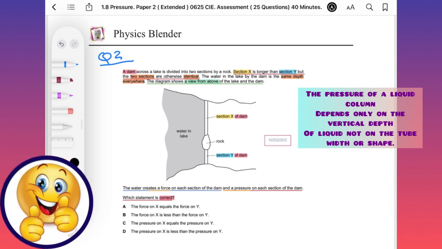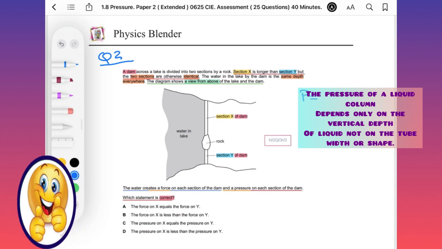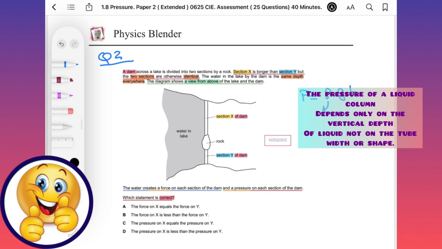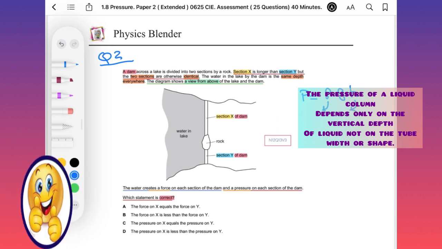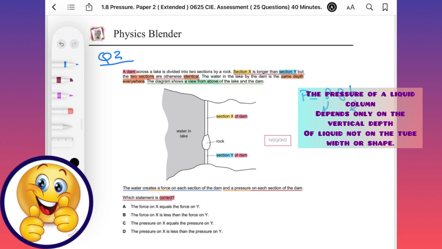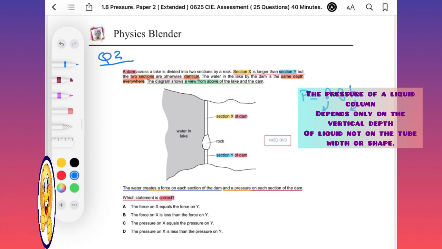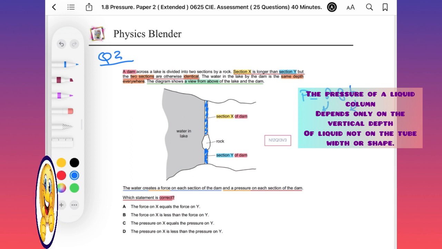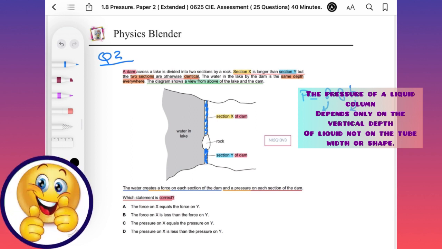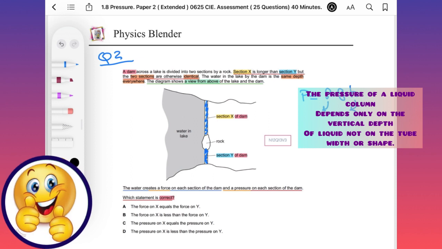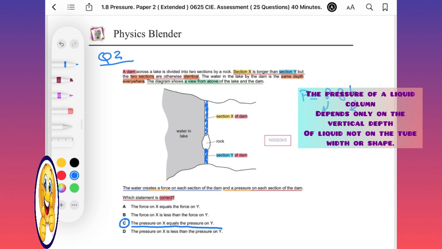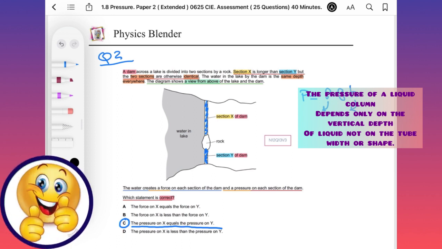The reference is pressure due to liquid equal to rho g h. Density of liquid is a factor. Depth of liquid is a factor. But the shape of the container and the dimensions of section X and section Y are not factors affecting pressure due to liquid. So the correct answer for this one is C. Pressure on section X equals pressure on section Y.